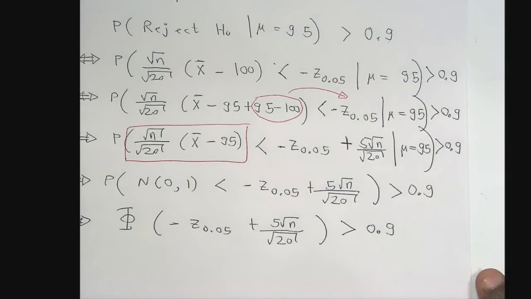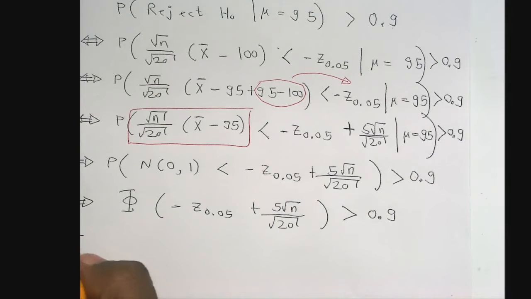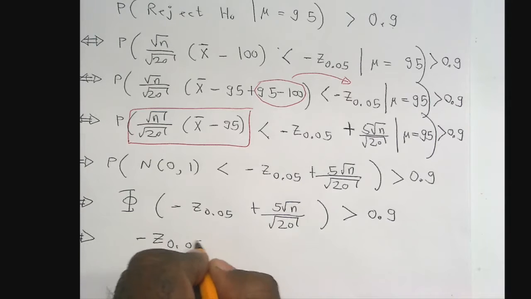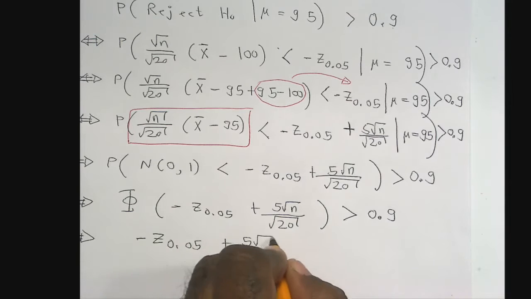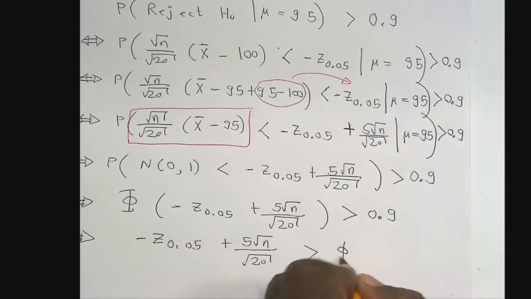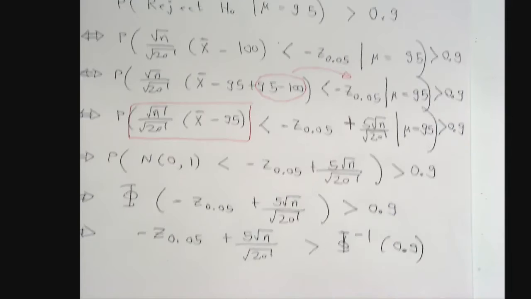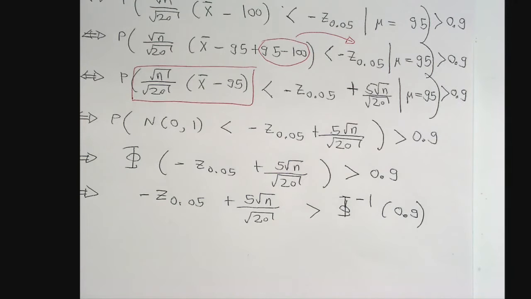Okay. Now I'm going to take the inverse function both sides, right? So you should take the inverse both sides. You will get minus... greater than... You see what I've done, guys. I've taken the inverse of Phi both sides, left and right.